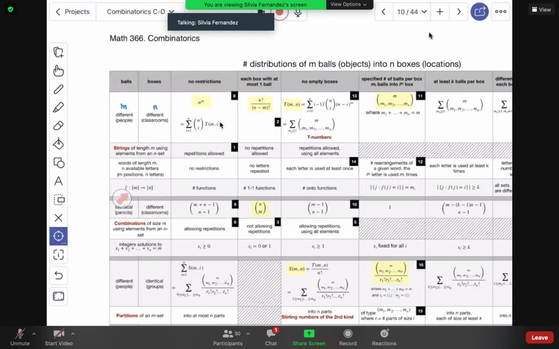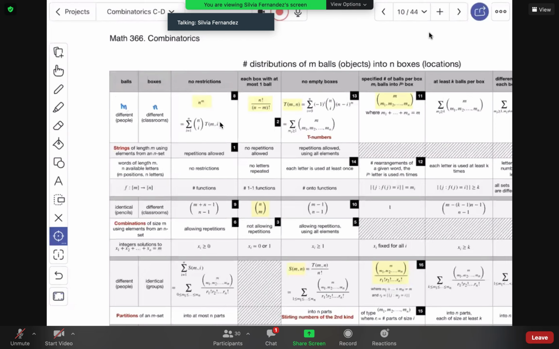The number of functions from this m means the set of positive integers from 1 through m. So this is the functions from the set 1, 2, 3, 4, 5 all the way to m to the set 1, 2, 3, 4, 5 all the way to n. So how do you count those functions? You can think of the images as the boxes and the domain as the balls.